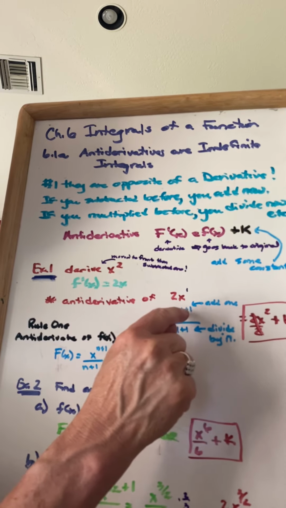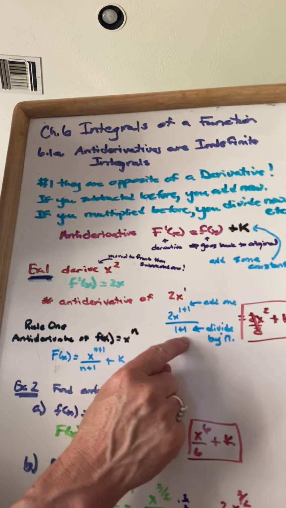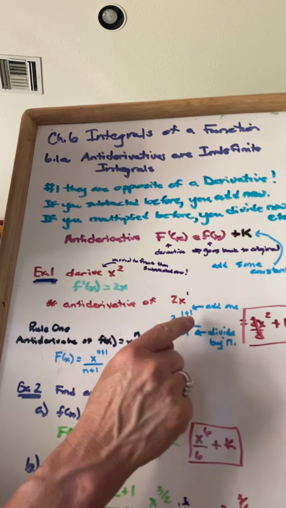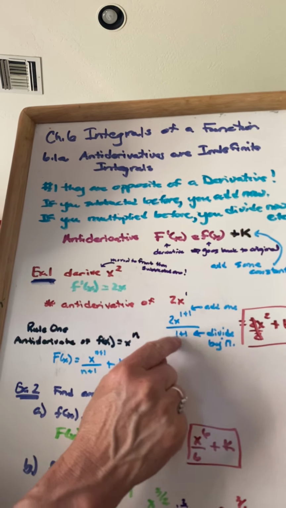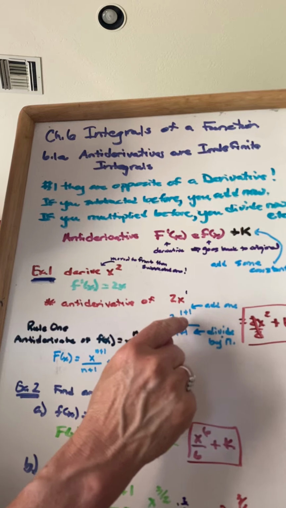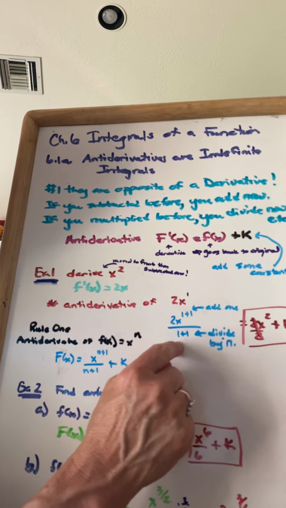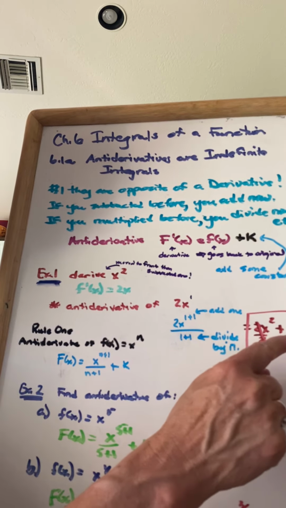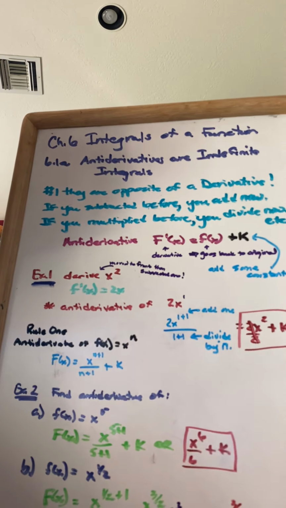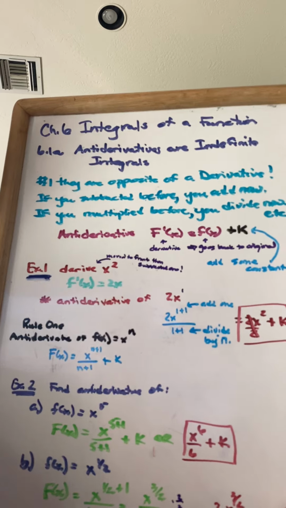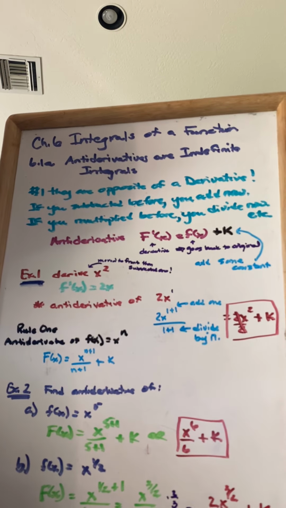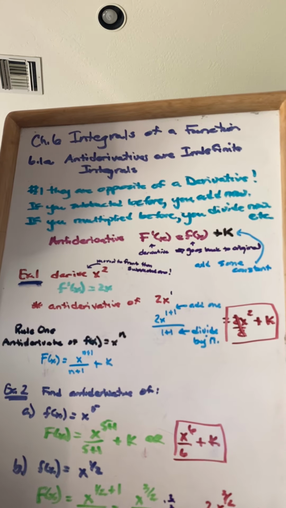Well, now you're going to add 1 and divide by that number. So whatever is the new exponent is what you're divided by. So 2x to the 1 plus 1 over 1 plus 1 means 2x squared over 2. The 2's conveniently cancel. You get x squared plus k, because again, you could have had any different constant added to that.